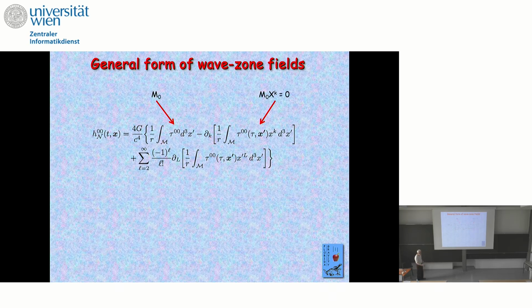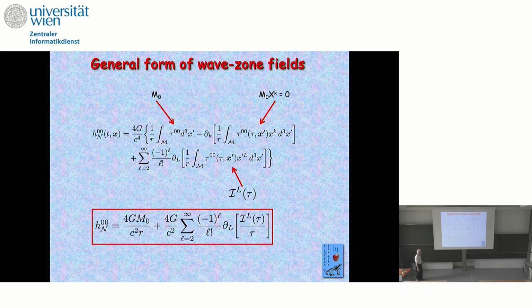Oh, I did have something to show. M and center of mass equals 0. Okay. And these are just multipole moments. We'll call them I. The index L just tells you how many x's you have. So it's the multipole moments of the source density.